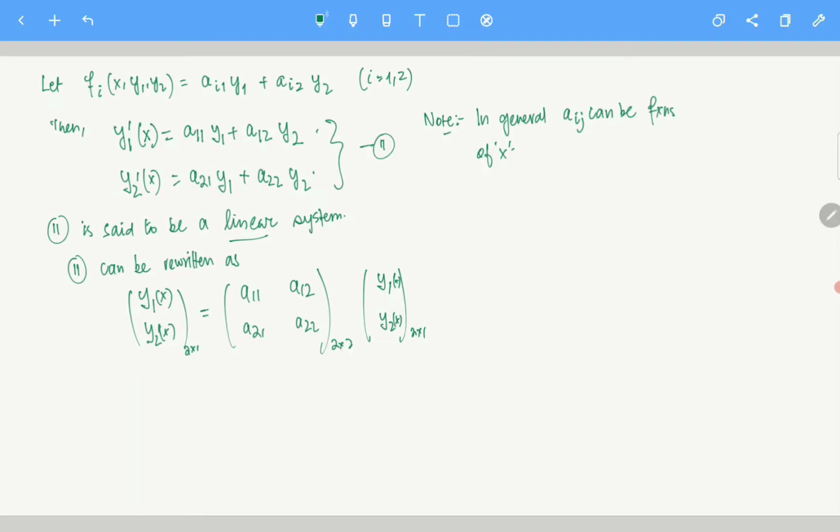Now if I use our notation, that is capital X, and for now let's just assume that aij are constants, just to make life a little easy.